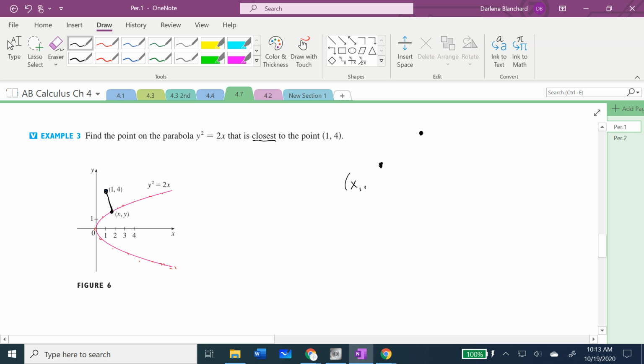Let's say I have some x1, y1 and x2, y2. If you don't remember the formula, what you want to remember is the distance between 2 points is a hypotenuse on a right triangle. If you can get that picture in your head, the formula will come to you faster.